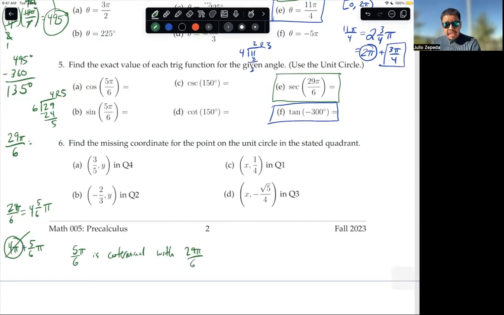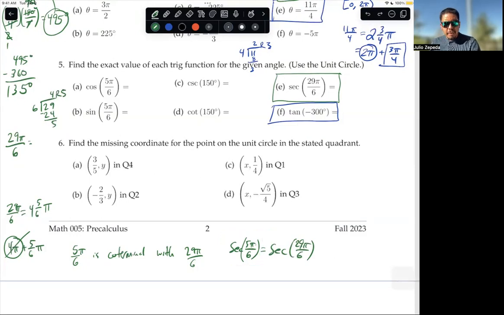And so this means that the secant of 5 pi over 6 is the same as the secant of 29 pi over 6. And so all we need to do is find the secant of 5 pi over 6, and we'll have our answer.